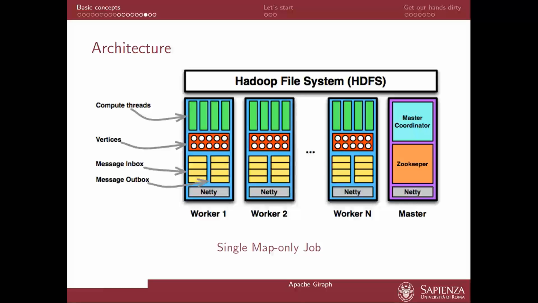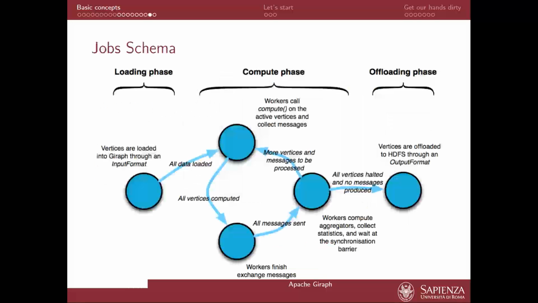The job schema of Giraph is very simple. First of all, the vertices are loaded into Giraph. What does it mean? That the master simply splits the graph and assigns a set of nodes to each worker. When all data has been loaded, the computing phase will start. What does it mean?